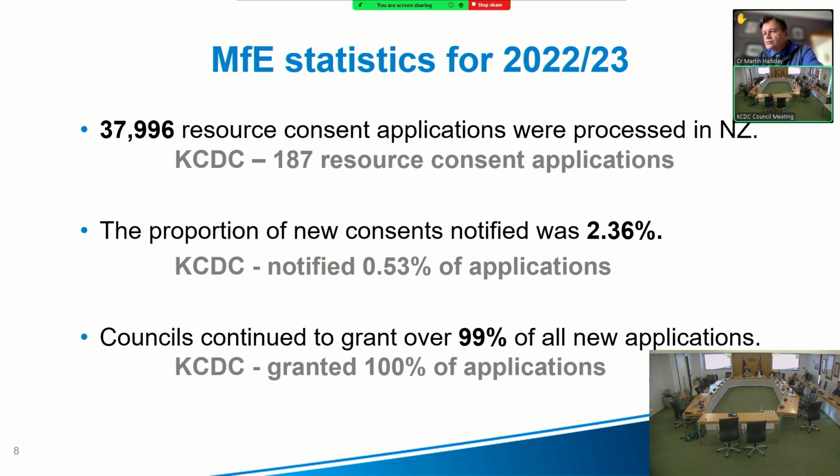Kia ora. Sorry, Martin. Chris here. I think we've previously discussed the impact and challenge of the example that you've raised. We've got it on our radar to come back and talk to you about priorities for the next lot of district plan changes that come through.